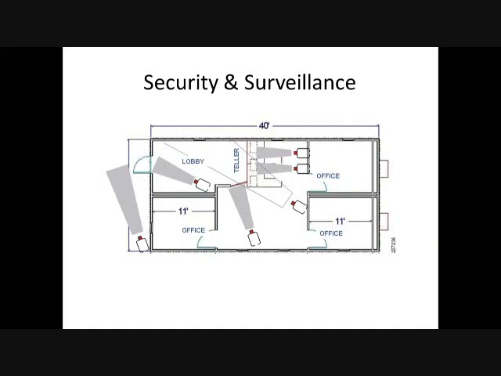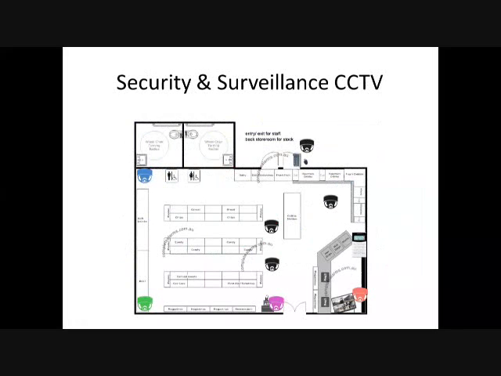In buildings, security and surveillance is becoming more and more important. There are cameras everywhere for monitoring the people in hotels, in malls, in airports. So you have to design the location of the surveillance cameras so you have enough coverage of the area in terms of entrances, corridors, doors. This is also another system that has to be integrated.